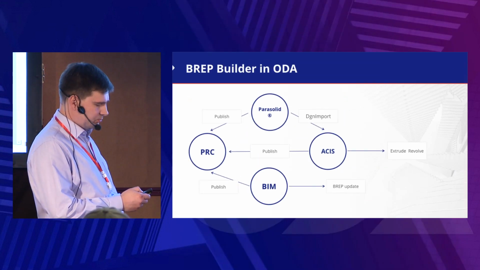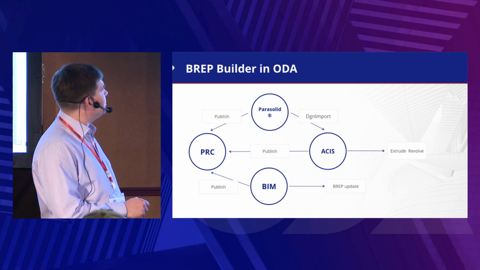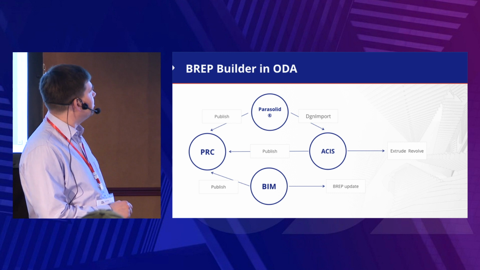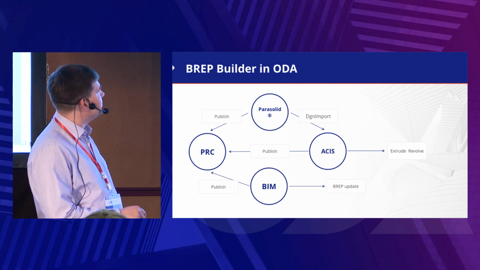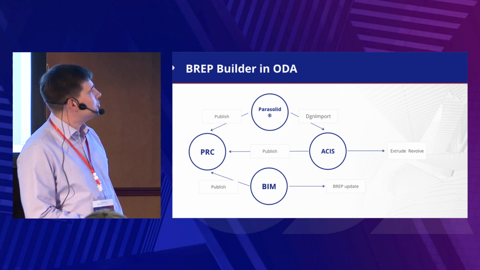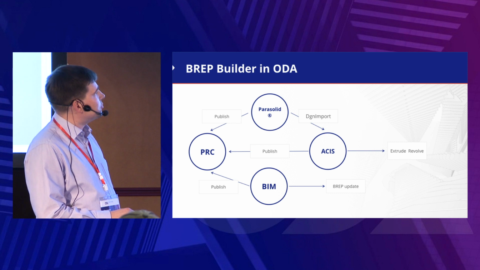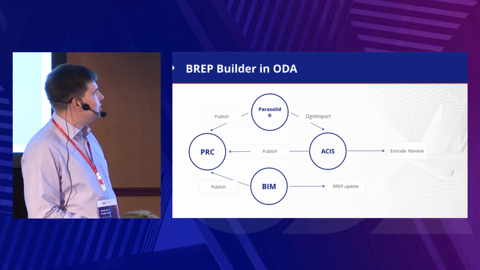We are able to convert Parasolid, ACIS, and BIM BREP-based 3D models into PRC format in Publish functionality. Also, we are able to convert Parasolid data streams into ACIS 3D models inside DGN import.